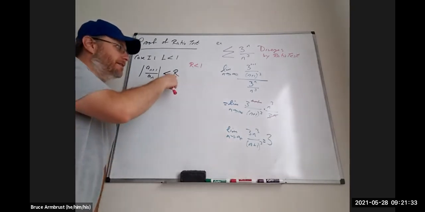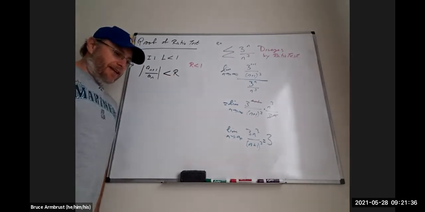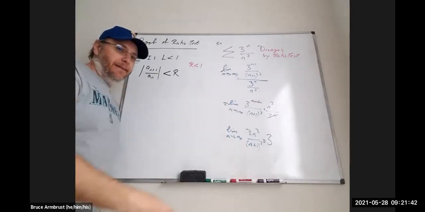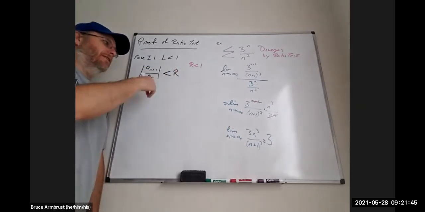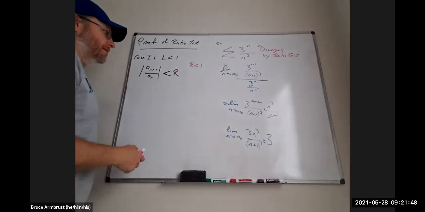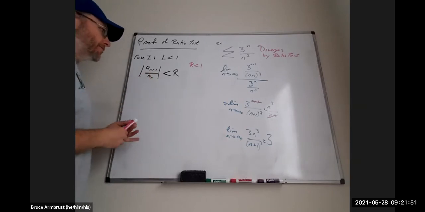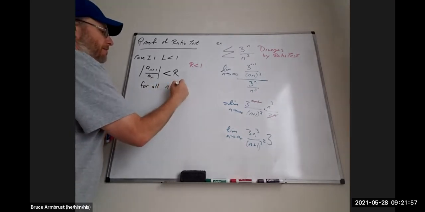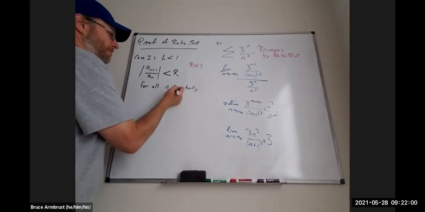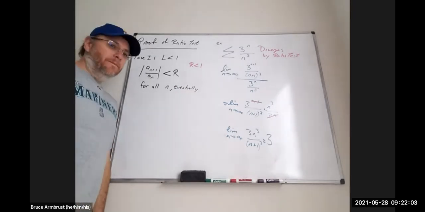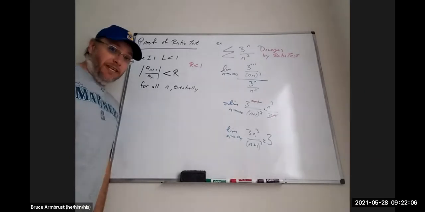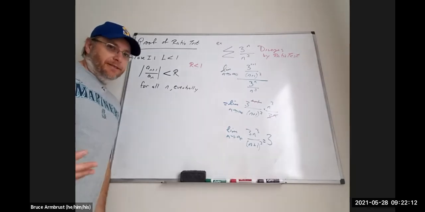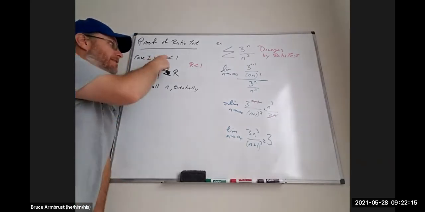And I'm going to find the R that is still within 1, that's still close enough to L. I just might have to go further down the line. But I can promise you there is an R where this is the case. And this is going to be true for all n, eventually. Meaning if I go far enough down this list, eventually every ratio is going to be less than R. It just will, because of the fact that this limit exists.